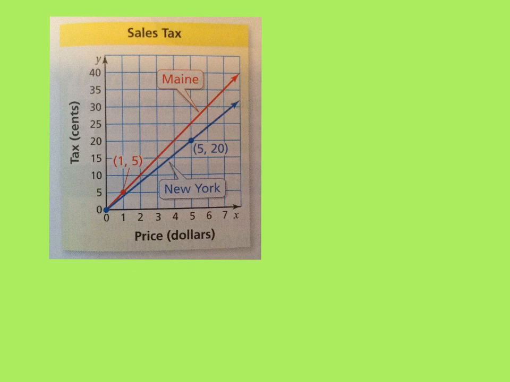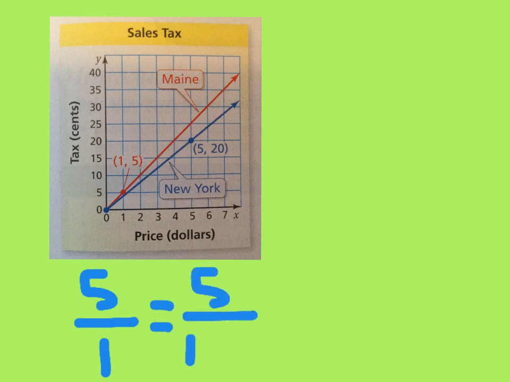So that means 5 cents for $1, and if we put it to where they'd be the same amount, 5 cents to every 100 cents. So 5% tax.